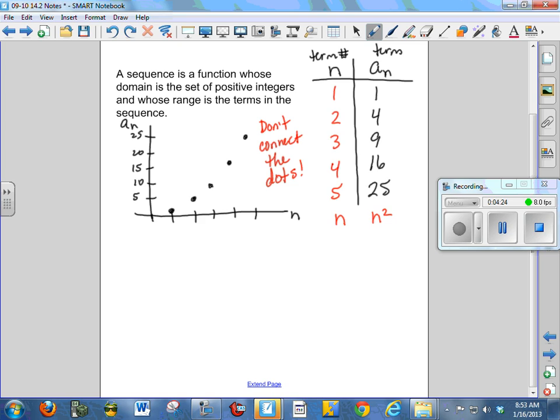So if I have term number n, a sub n would be n squared. So I'm going to write a rule for this. So for n greater than or equal to 1, a sub n is equal to n squared. This is my rule for the sequence.